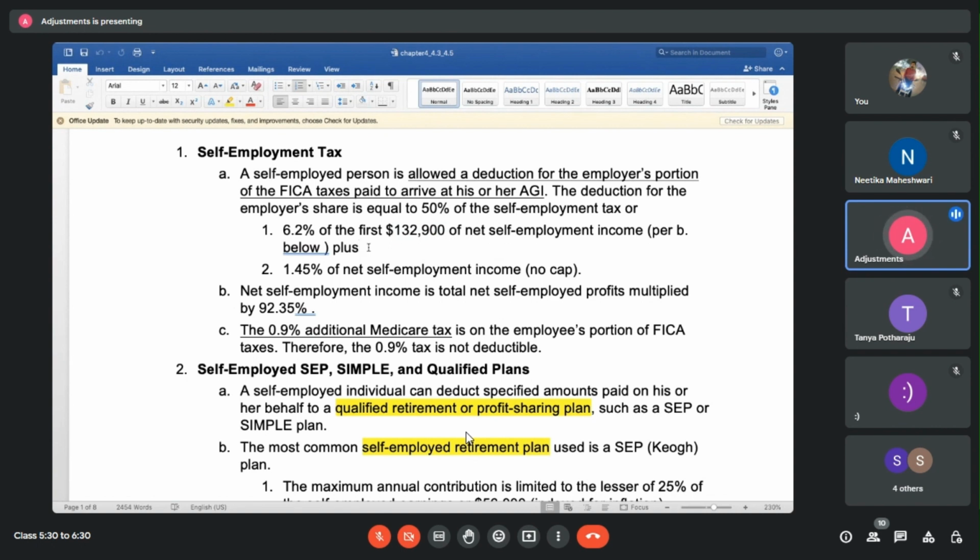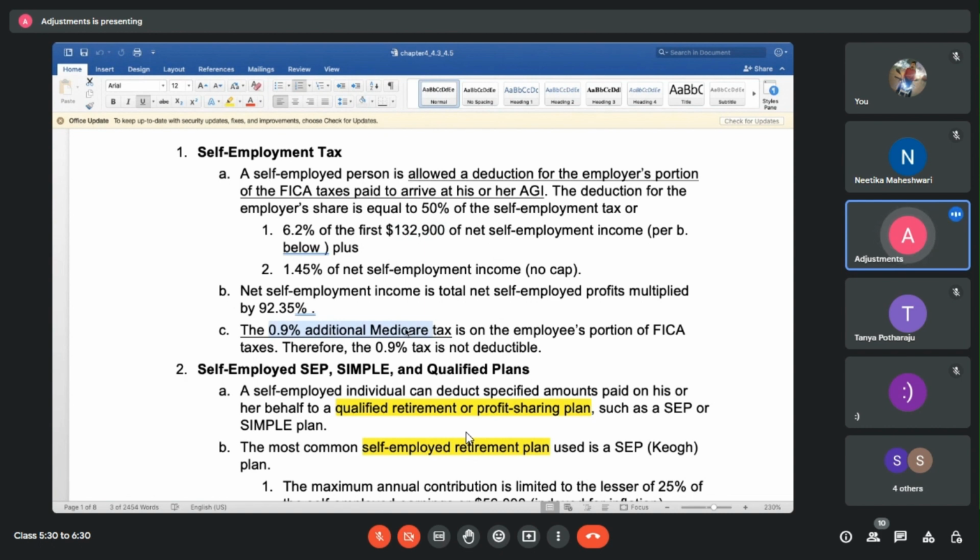Second, not so good, is that there is an additional Medicare tax of 0.9%. If the income is above a certain level, then what the IRS says is that others pay 1.45% Medicare, but you guys pay 1.45 plus 0.9. And there is a form for that. All those forms will come automatically in the software.